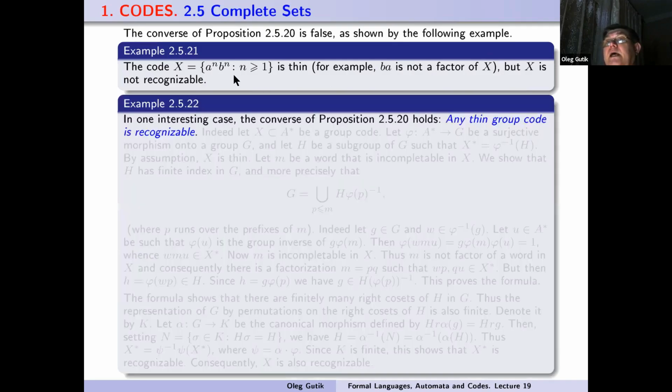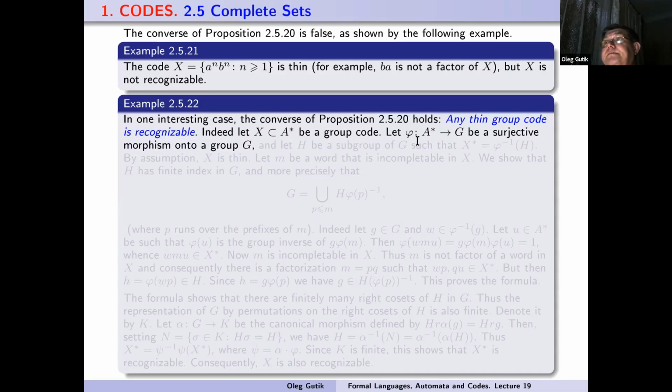Example. In one interesting case, the converse of Proposition 2.5.20 holds: a thin group code is recognizable. Indeed, let X be a subset of the free monoid A star which is a group code.